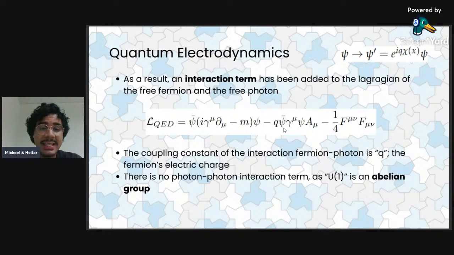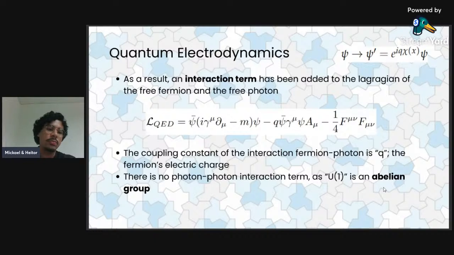And as we can see, there's no term of self-interaction of the photon. There's no A mu term of interaction because electromagnetism comes from an abelian group, as I said here. As we have an abelian theory of electromagnetism, there's no term of interaction between photon and photon.